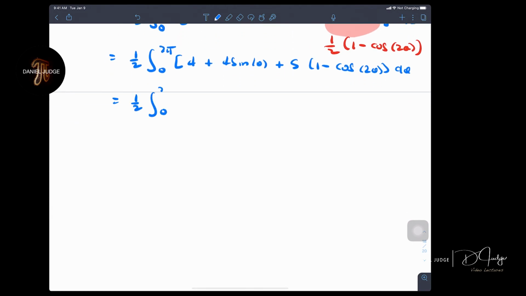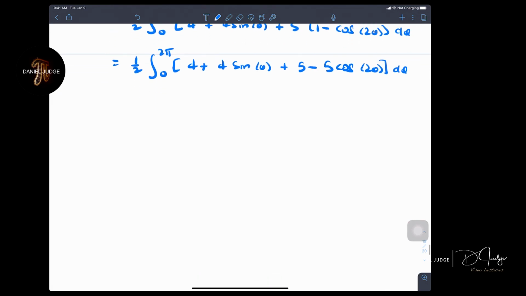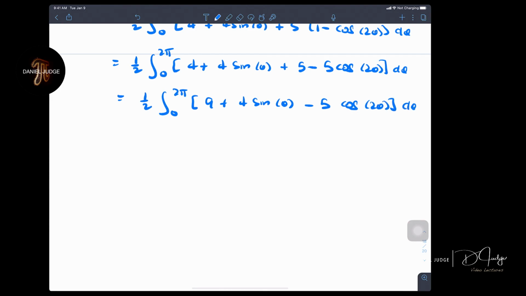1/2, 0 to 2 pi, 4 plus 4 sine theta, plus 5 minus 5 cosine 2 theta, d theta. 1/2, 0 to 2 pi, 4 plus 5, that's 9, plus 4 sine theta, minus 5 cosine 2 theta.